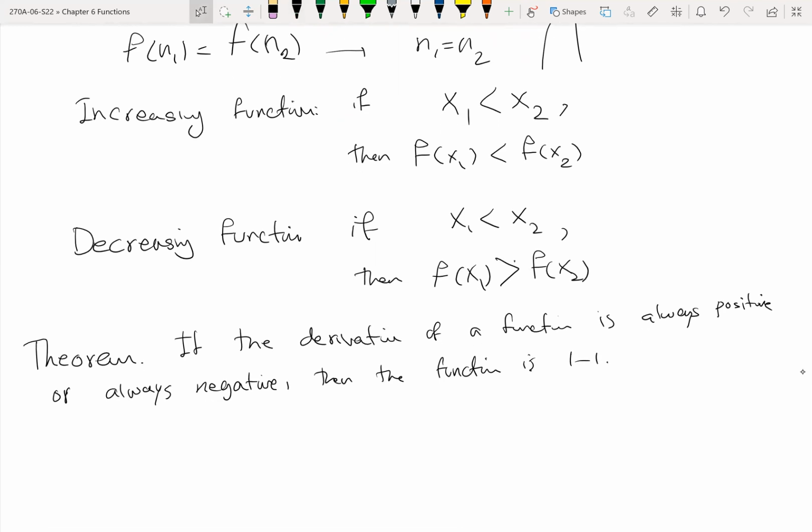Or you can just say increasing, decreasing function, or one-to-one.